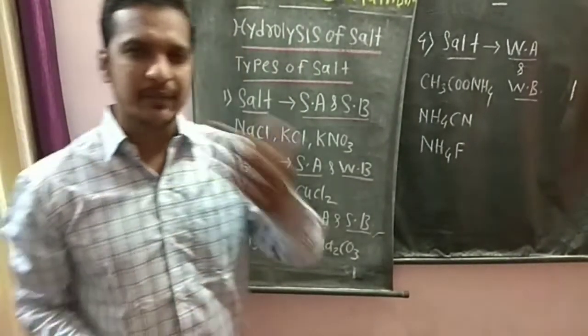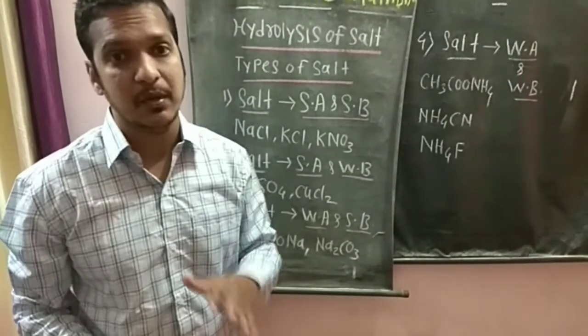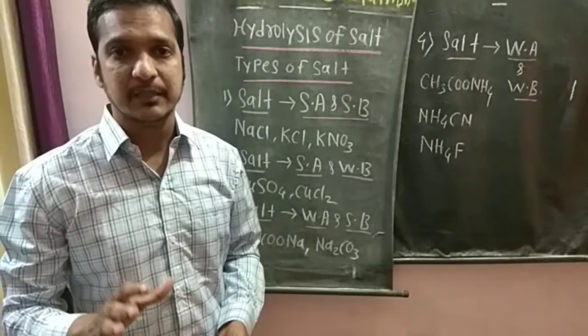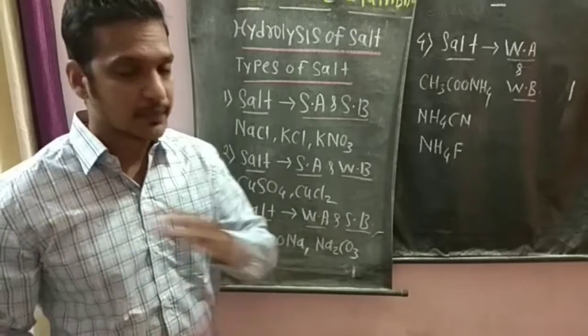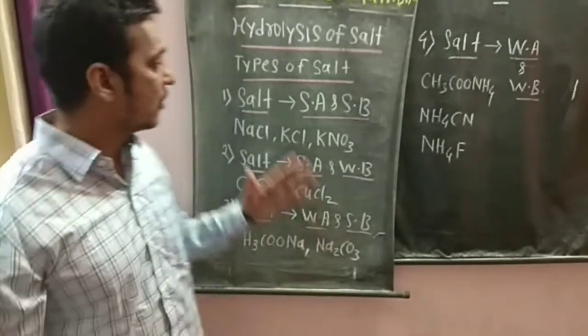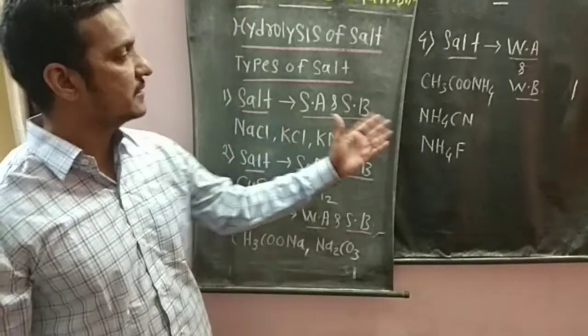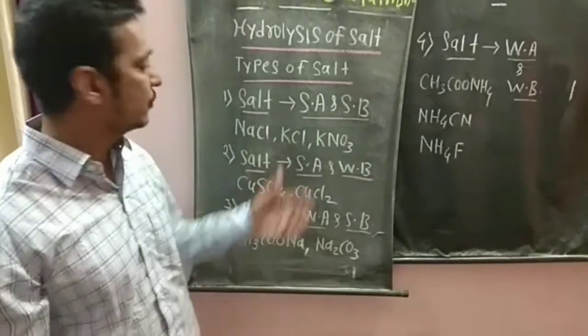So one by one we will explain the types of salt. First we will explain the salt obtained from strong acid and strong base, such as sodium chloride.